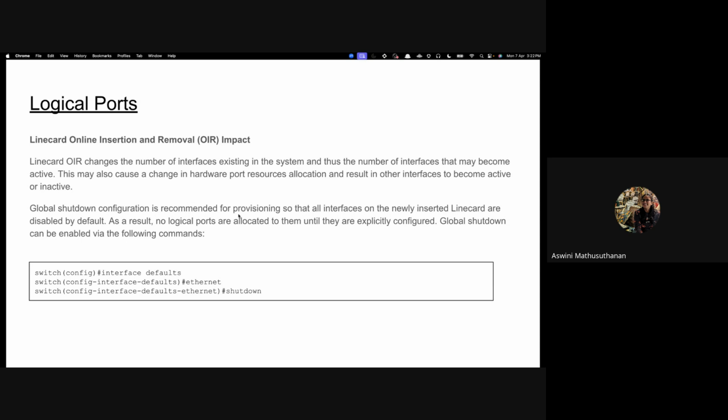Even though the card is inserted, we need them to be down until we explicitly configure them. So this is safeguarding the interfaces which are already up. This is the configuration that needs to be put in when we are inserting the lower line card.